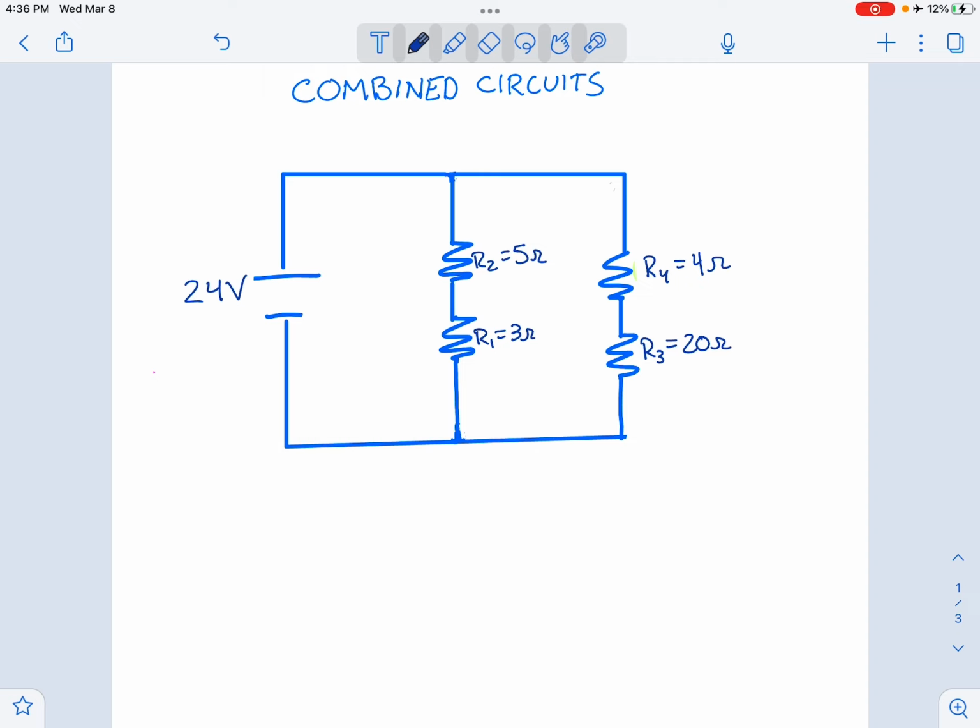So we have, these are in series and these are in series. So we're going to start by looking at leg 1 and leg 2. If we look at leg 1, these together are in series. So to find the total resistance of this leg, you add them up like you would in a series circuit.